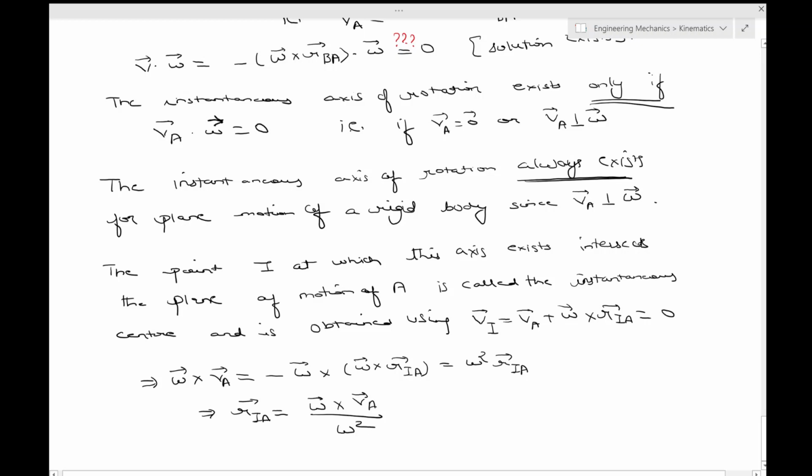Okay, so this exactly tells us the position vector of this I, the instantaneous center, with respect to point A. So you can easily locate that.